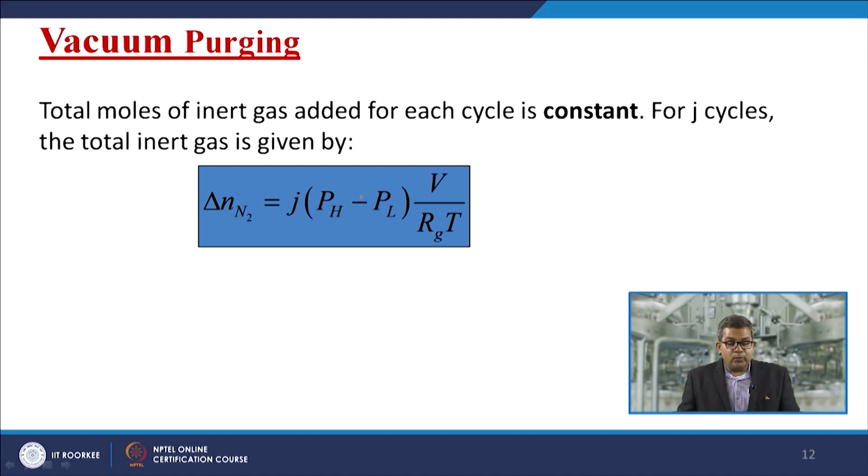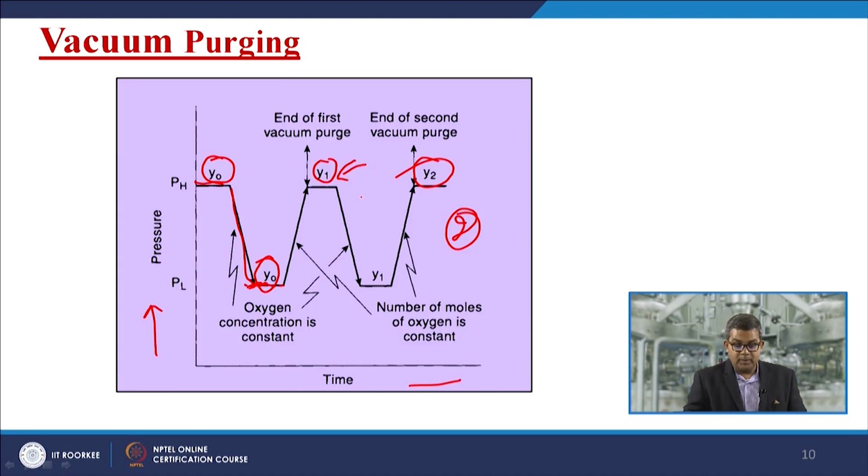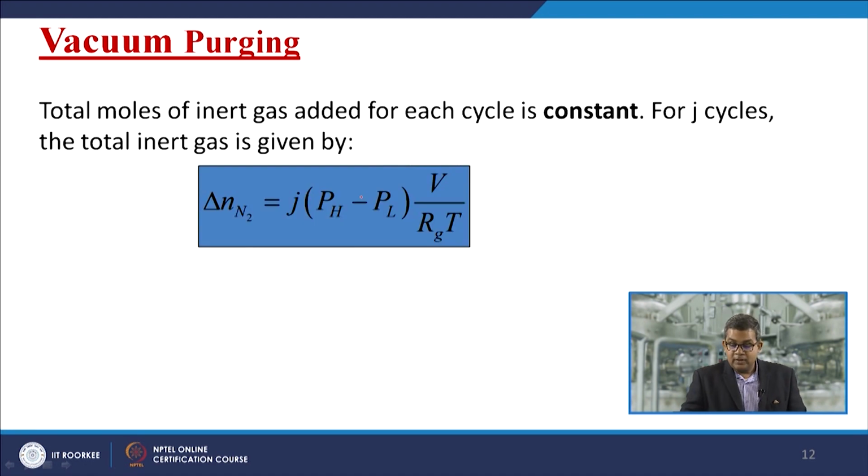The total moles of inert gas added for each cycle is constant, and you can see this in the previous figure. So for J cycles, the total inert gas is given by delta N, which represents the change in number of moles of nitrogen. Nitrogen in this case is introduced as an inert gas, and delta N is equal to J (PH minus PL) into V upon RgT.